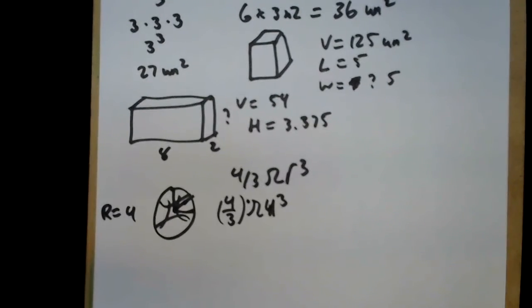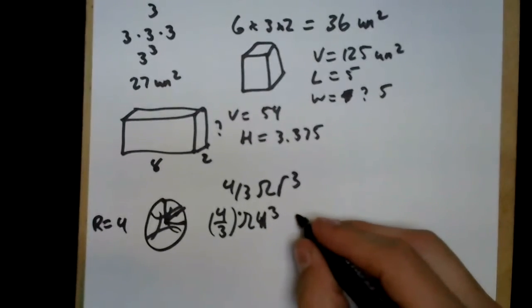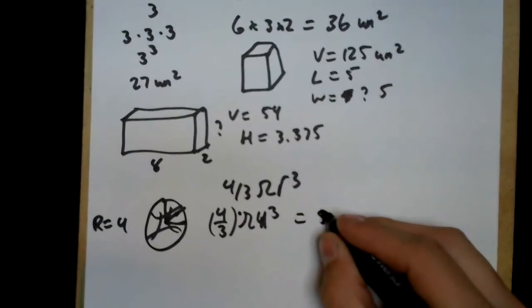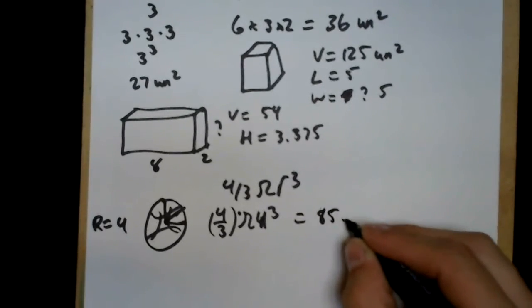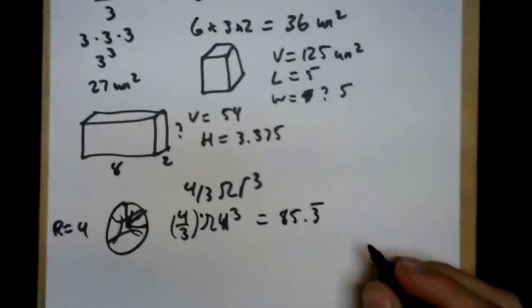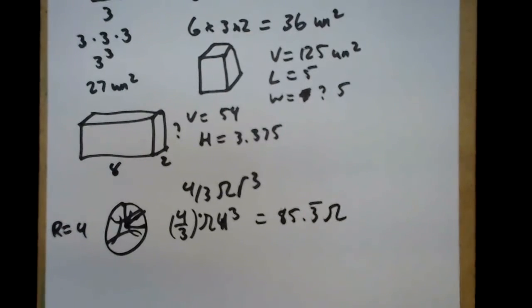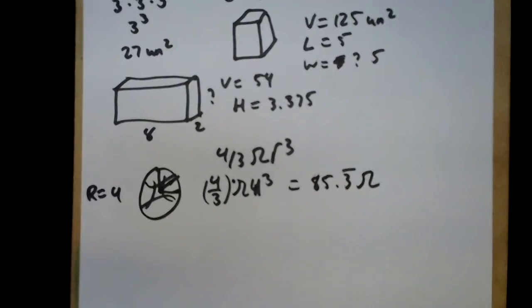I believe, double check, see if I didn't math the decimal. There we go. And you get 85.3 repeating pi. Pretty simple there.